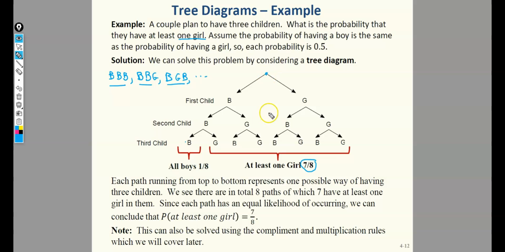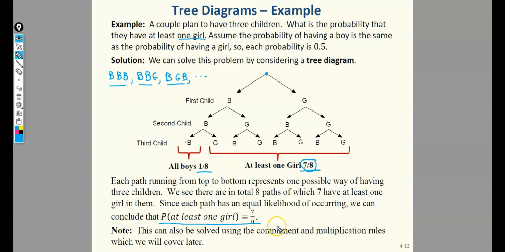Now, each path running from top to bottom has the same likelihood of occurrence, and so the probability that they have at least one girl is going to be 7 out of 8. And correspondingly, the probability of having all boys would be 1 out of 8. And so we see the answer to our problem is the probability of at least one girl is 7 out of 8. And that's how a tree diagram can help us find a probability.